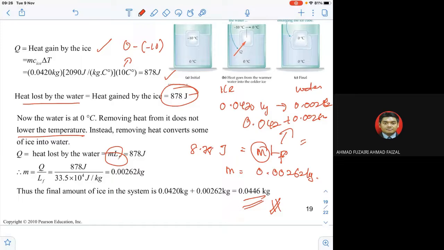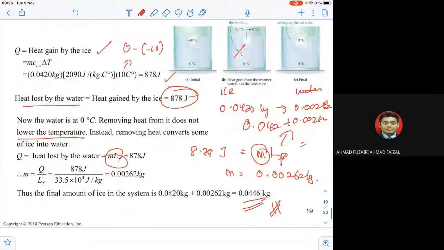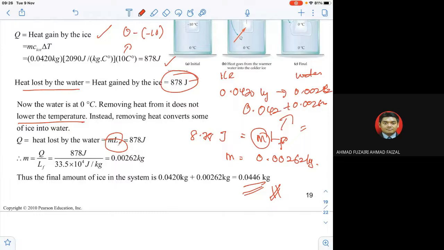And you add with some ice, because the question asks you to find the mass of ice in the system when the equilibrium temperature is reached. So the mass is 0.0446. There is some added in the value of mass.